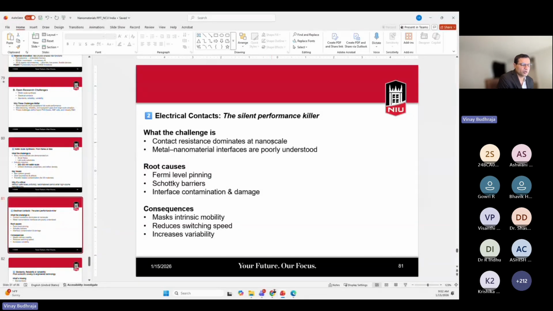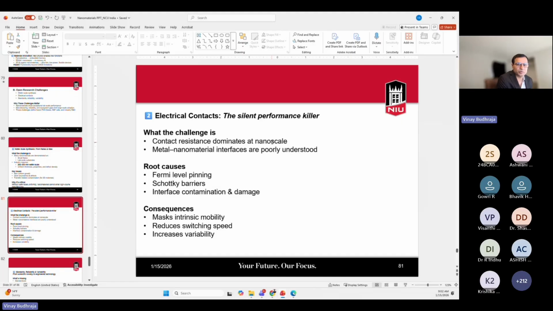So when we adopt the nanomaterials, we see all the positive things, which is good, but at the same time it has challenges, and contact resistance is really one of the big challenges with the nanomaterials. Many times you fabricate these devices, and the stability of the devices is really challenging.